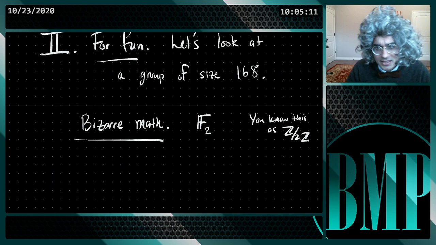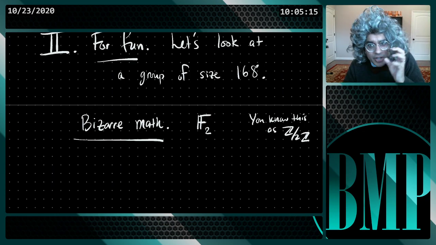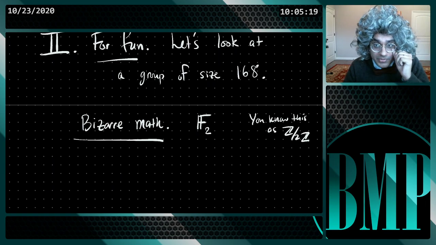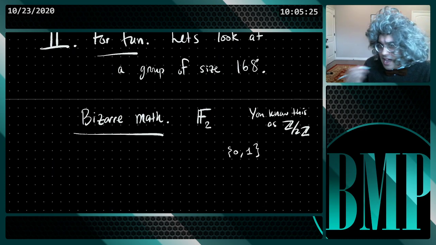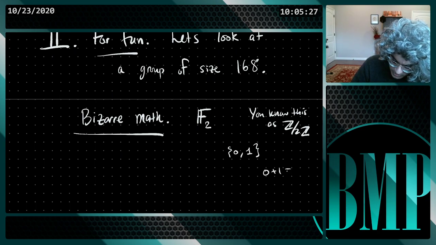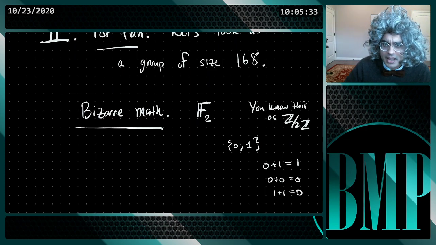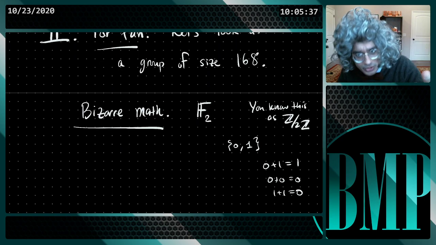And F2 is the name of the ring that we're thinking of when we try to emphasize that we're also thinking about multiplication. So what is it? You've got two numbers called 0 and 1. And you know how to add them. 0 plus 1 is 1, 0 plus 0 is 0, and 1 plus 1 is 0. That's how you add in F2, in Z mod 2Z.